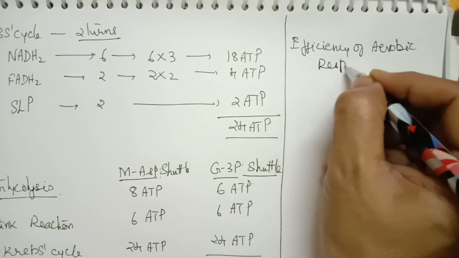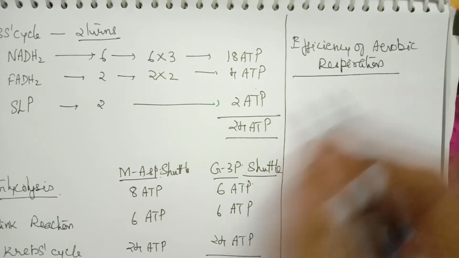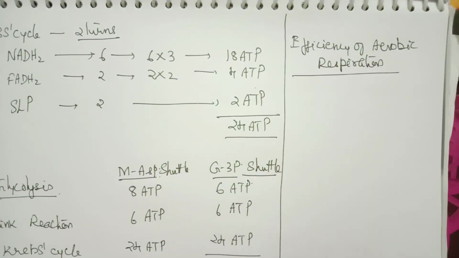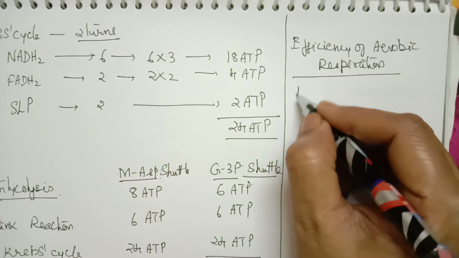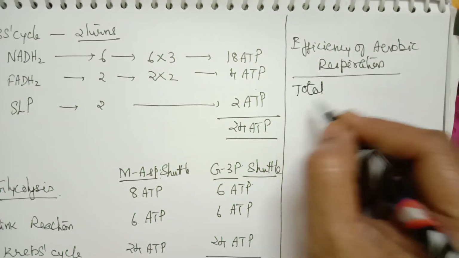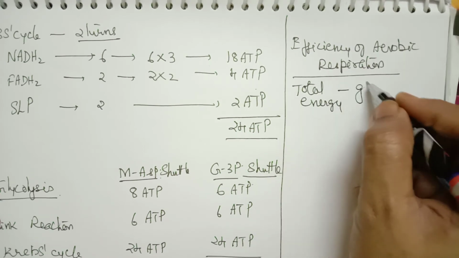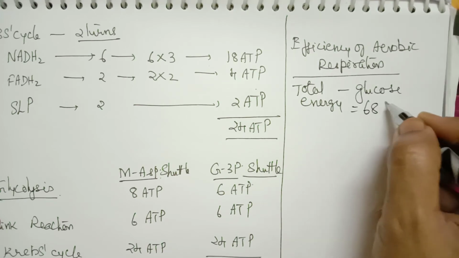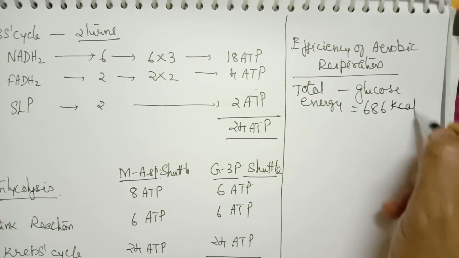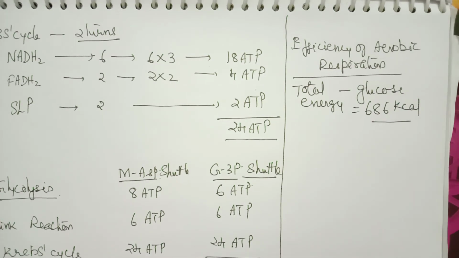We know as a result of aerobic respiration, either 36 or 38 ATP are formed, and the total energy in 1 glucose molecule is equal to 686 kilocalories.